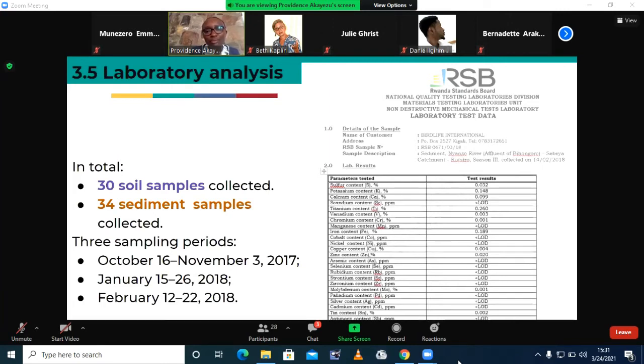For example, if it's raining much, you may have plenty of sediments compared to the dry or light rain season. We carried our field data, very well stored and labeled, to Rwanda Standards Board for laboratory analysis, where they had to determine the chemical composition of metals in our samples.